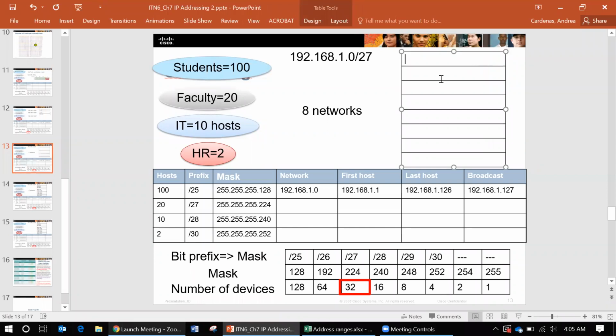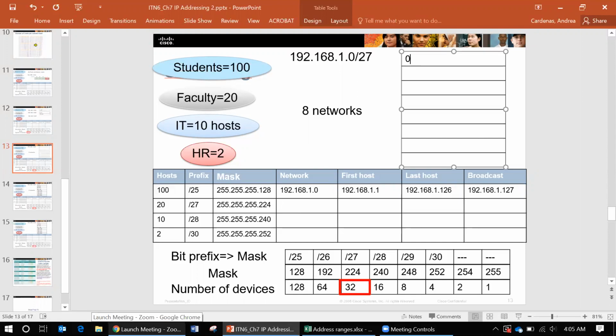Okay, so let's say you had to figure out what the ranges are. Now remember, a /27 actually has 32 addresses in that range. So we are going to do ranges, and I'll just start from the very beginning. The very first range, and I'm going to ignore the rest for now, would start with 0.